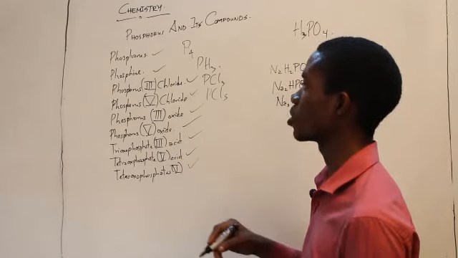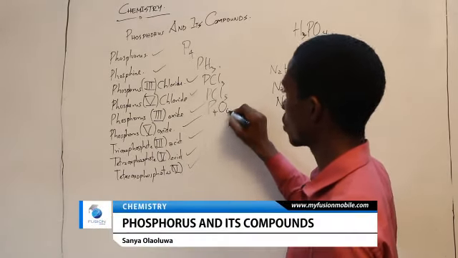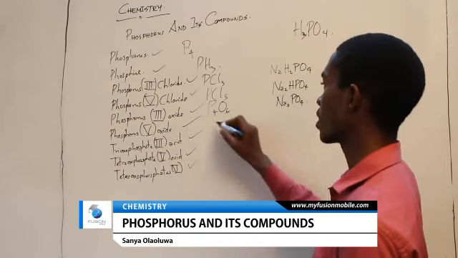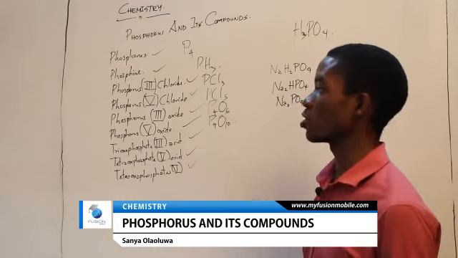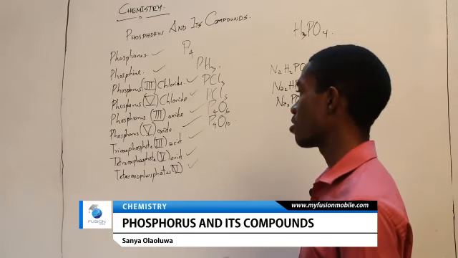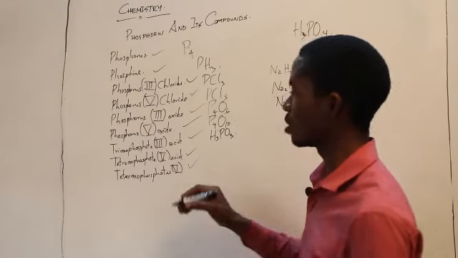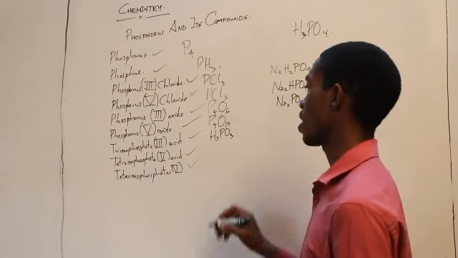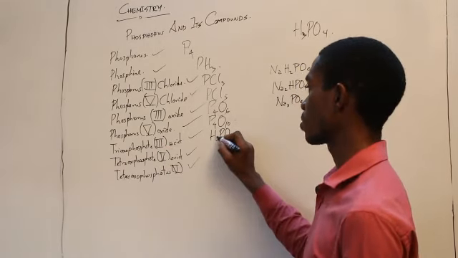We talked about phosphorus 3 oxide, that's P4O6, and phosphorus 5 oxide, that's P4O10. We talked about trioxophosphate 3 acid, which is H3PO3, and tetraoxophosphate 5 acid.